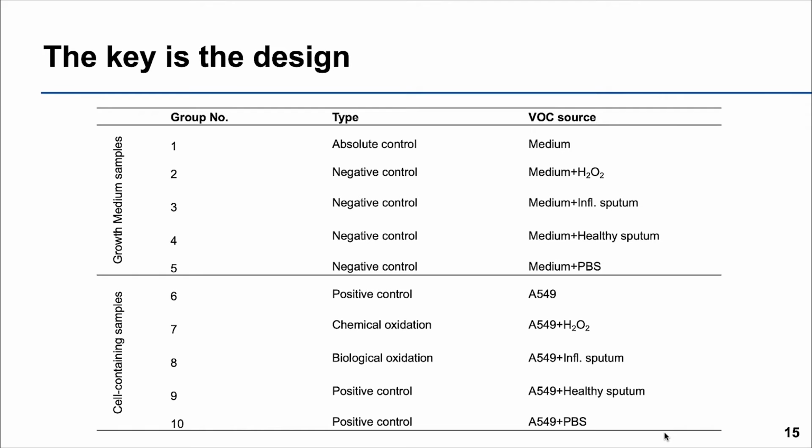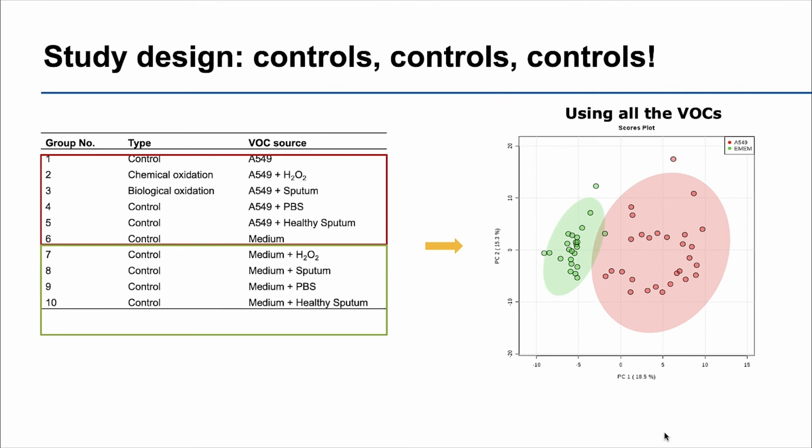We spent a lot of time thinking and brainstorming about the design of the study, because when you start modeling, you have so many factors affecting the VOC content. You can see that for two inflammation conditions, chemical and biological, and a positive control, we had 8 different controls of the environment and the physicochemical conditions.